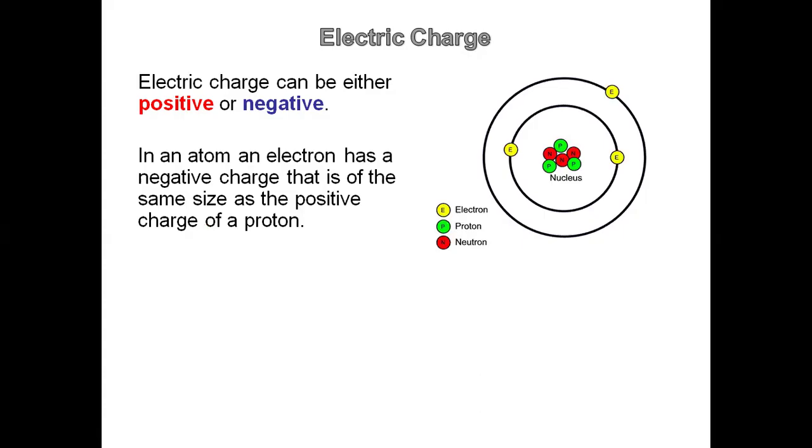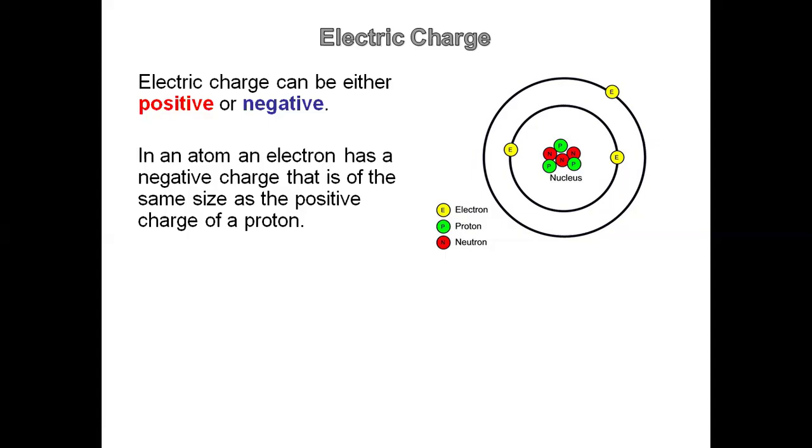Electric charge. In order to understand this, we have to understand the basics of an atom. Electric charge can either be positive or negative. In an atom, electrons have negative charges and the protons have the same magnitude of charge but positive.